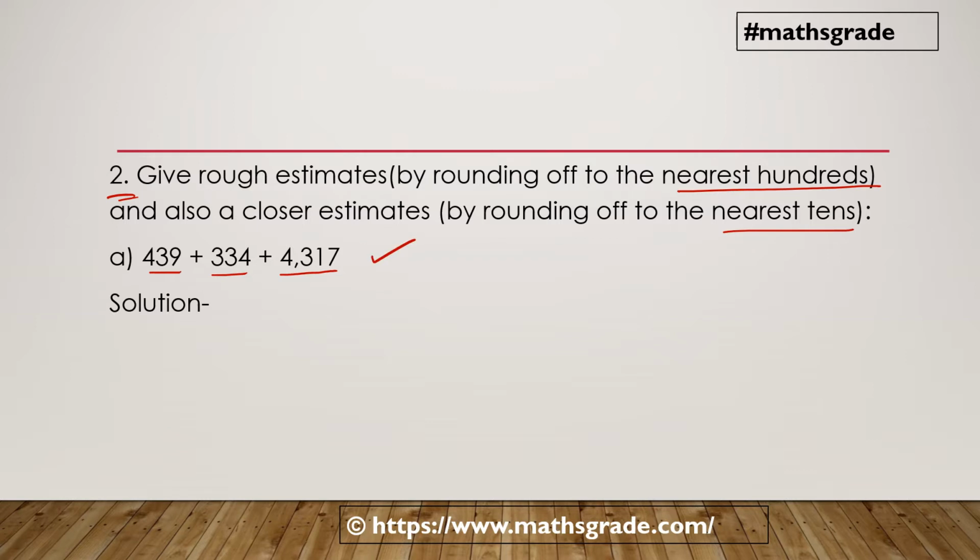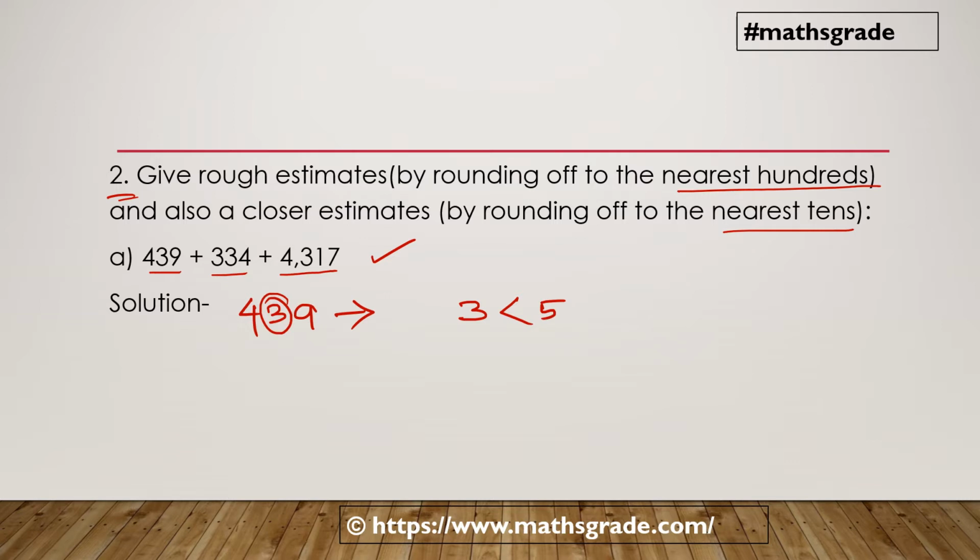We round up these numbers to the nearest hundred. In 439, when we round off any number to the nearest hundred, first look at the tens place digit. Here the tens place digit in 439 is 3, which is less than 5. So don't add 1 to the hundred place digit.